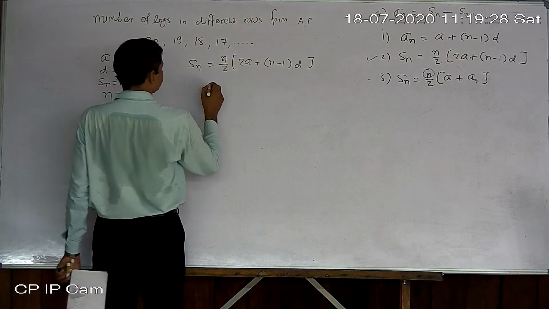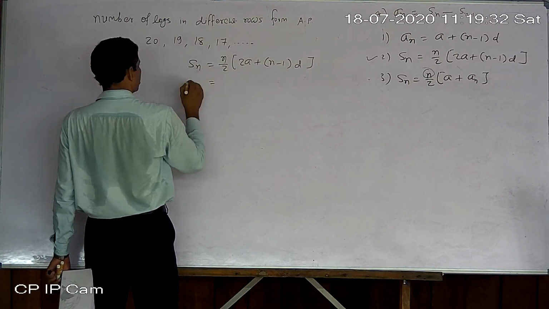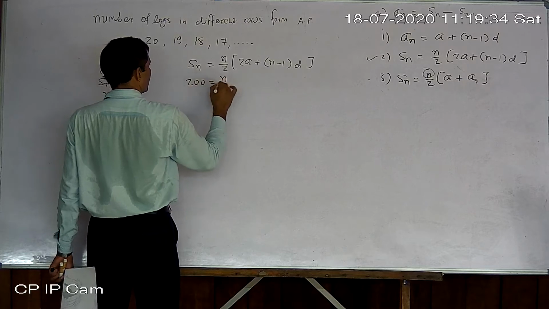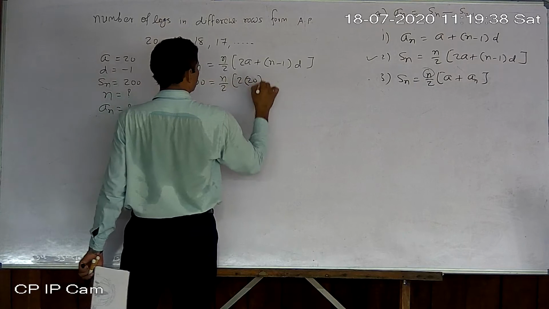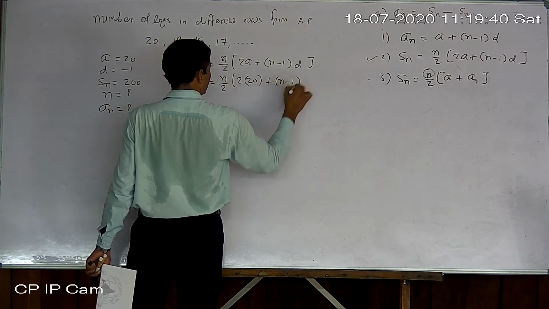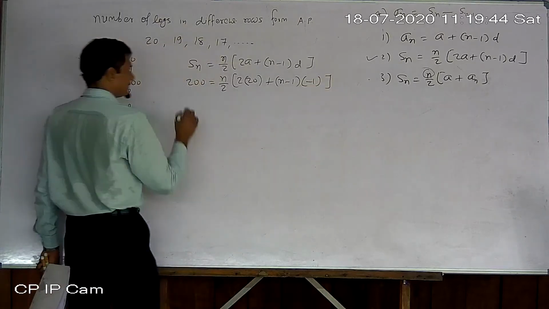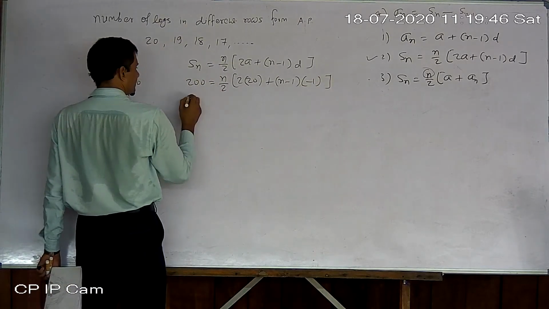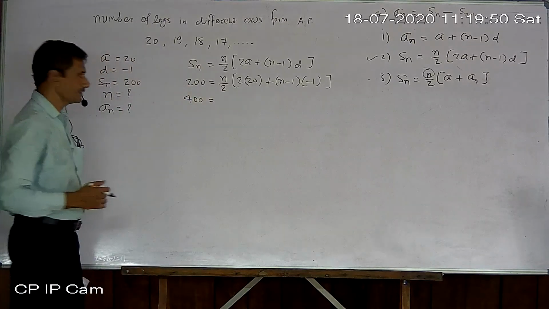Now, n is not given but Sn is given, 200. n over 2, a is 20, n minus 1 will be n minus 1 only, and d is minus 1. Just set it here. So it becomes 400 because of multiplication.